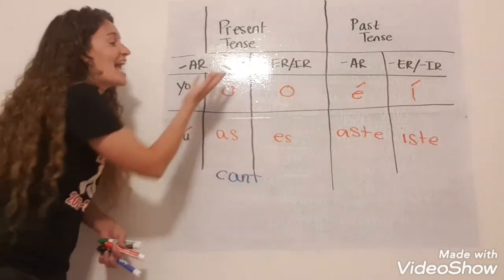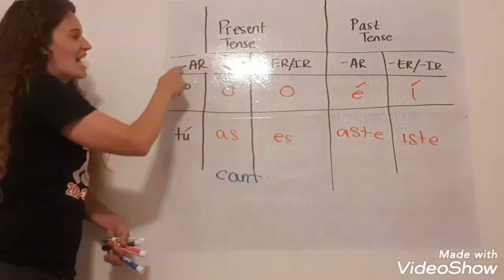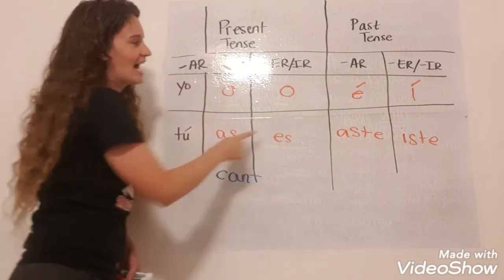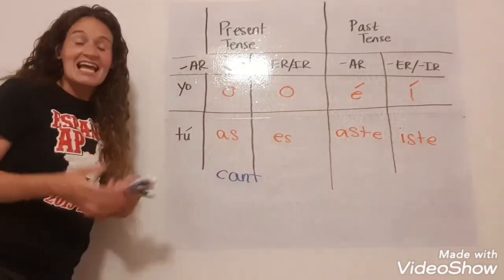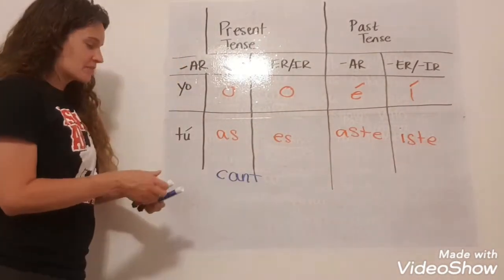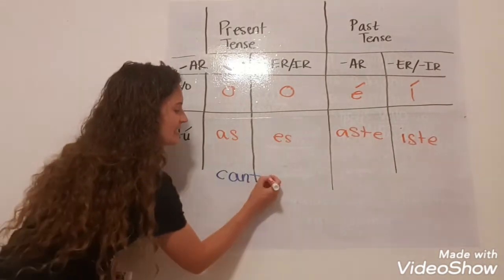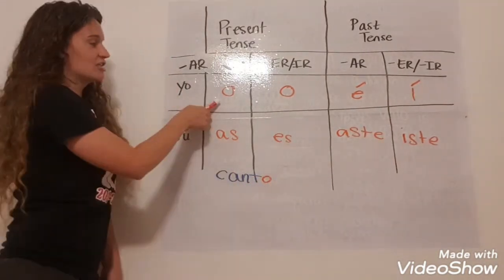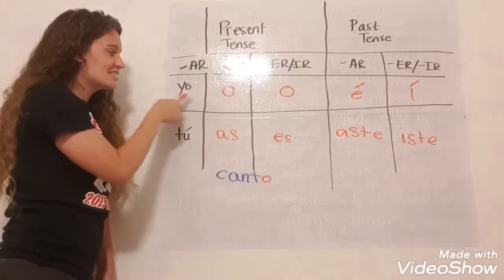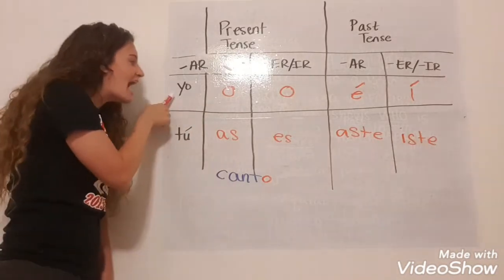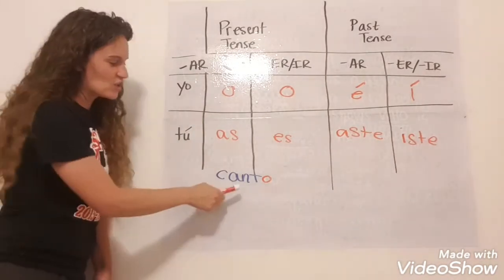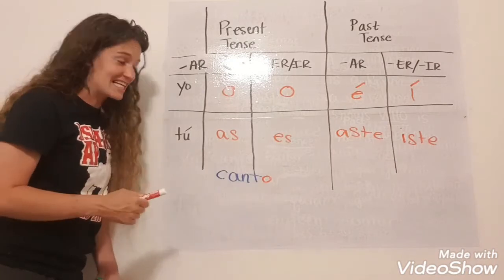And then I can add any of these AR endings, O, as, é, or aste, and it'll change the meaning of the word. If I say canto, then that means yo canto, I sing. So canto means I sing.